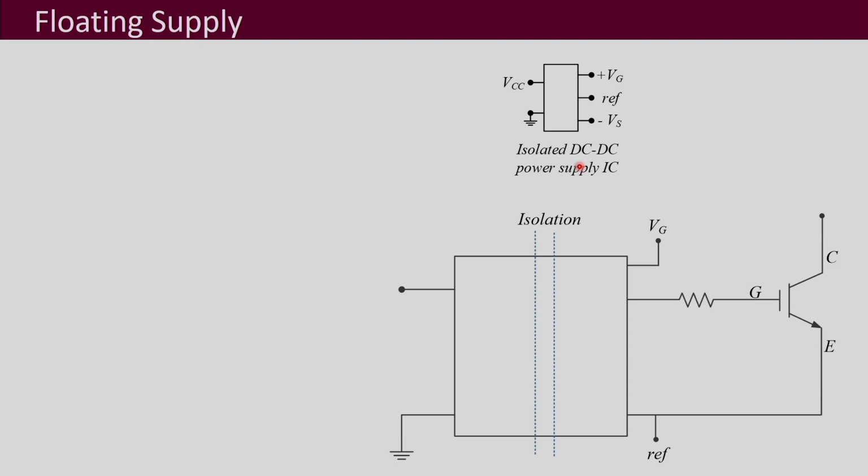Those kinds of isolated DC to DC converters may be inside one IC, and those power supply ICs are available, and you can use them for your gate drivers. This is one of the ways.